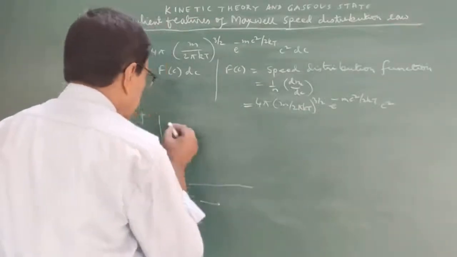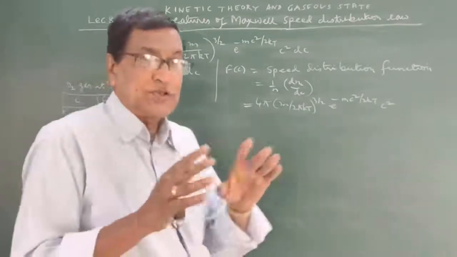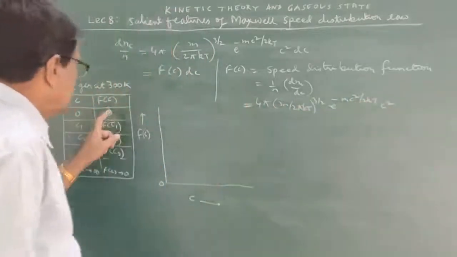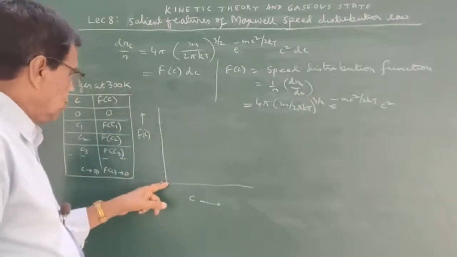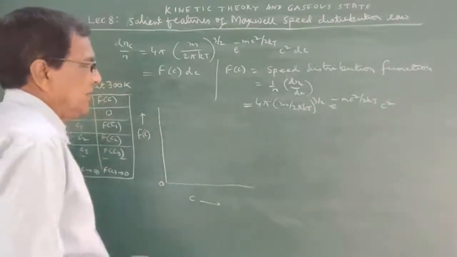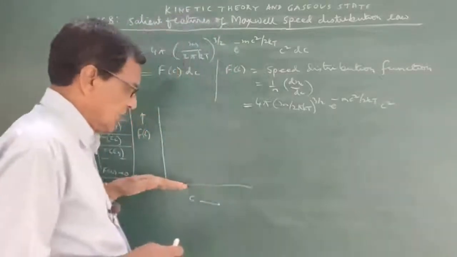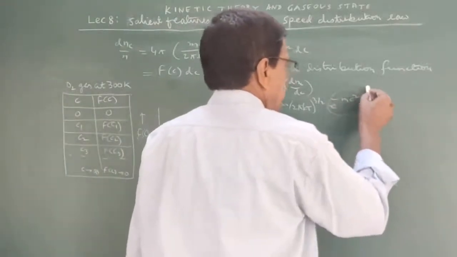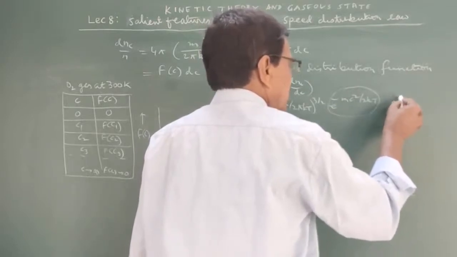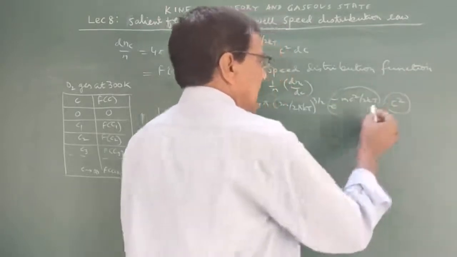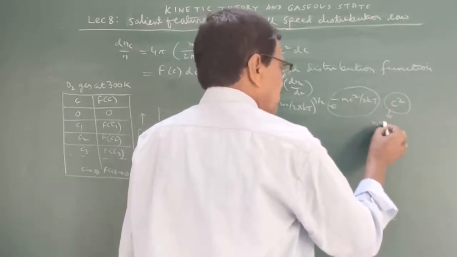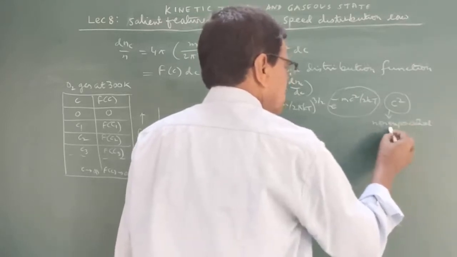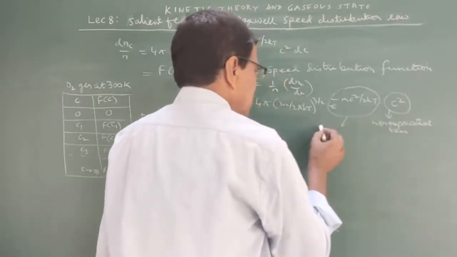How does the plot look? This curve will start from the origin: when C equals 0, Fc equals 0. Whenever C is increased along the x-axis, there are two terms containing C: one is C square, the non-exponential term, and the other is the exponential term.